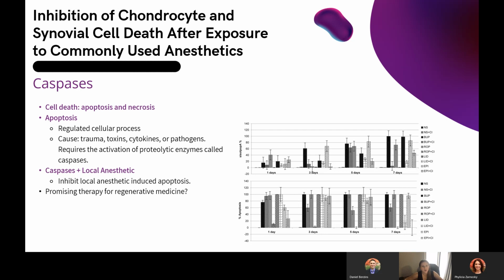This study also utilized the inhibition of caspases to see if there would be a decrease in cell death of chondrocytes and synovial cells exposed to local anesthetics. It was found that the inhibition of caspases significantly reduced apoptosis after local anesthetic exposure. From this, it seems that caspase inhibition is a promising therapy for regenerative medicine.